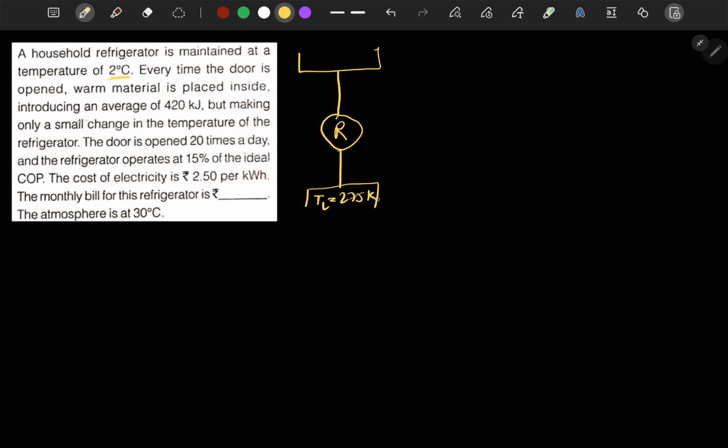It is said that whenever the door is opened, warm material is placed inside, introducing an average of 420 kilojoule. So it should reject a heat of 420 kilojoule whenever the door is opened or a new material is placed. So 420 kilojoule should be absorbed continuously from the system to maintain it at 2 degrees Celsius, making only a small change in the temperature of the refrigerator.